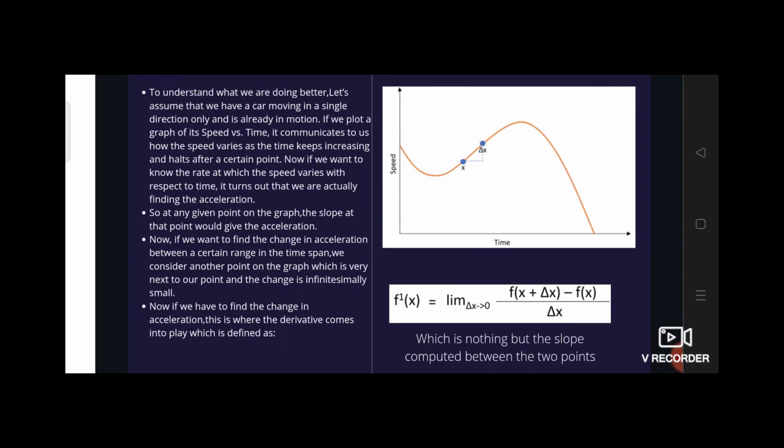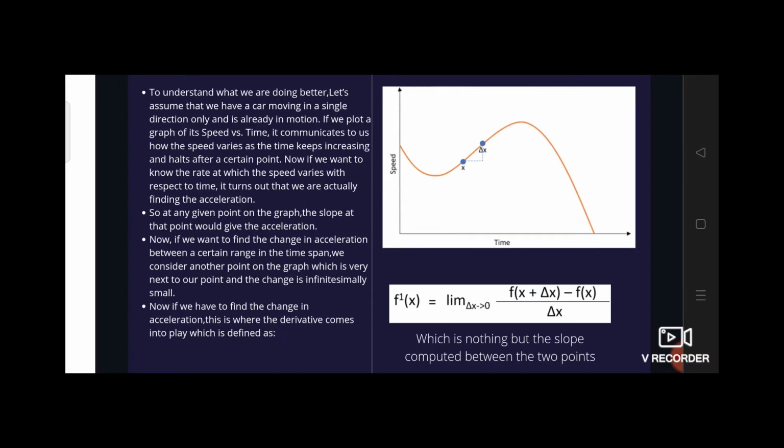To dig into the concepts of differentiation, consider the motion of a car, which is already in motion and will stop eventually, graphed on a speed versus time graph. It tells us how speed varies with respect to time. At any given point, the slope would give the acceleration. If we want to analyze its motion, we need the change in acceleration. To differentiate is to do a breakdown analysis of very small time frames.